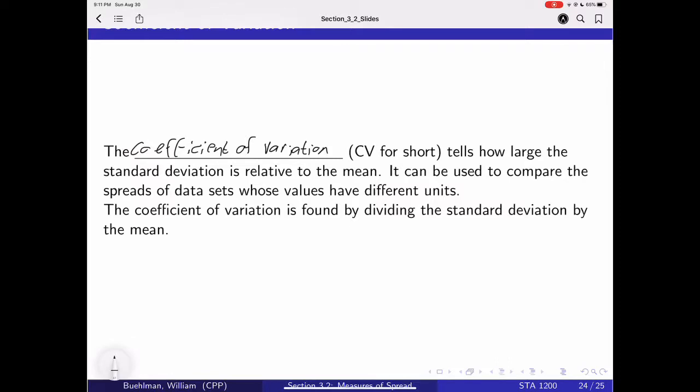It can be used to compare the spreads of datasets whose values have different units. So our coefficient of variation is used when we have 2 different datasets or more, and we just want to figure out which one is more spread out compared to the other ones. So we don't really need to know the units, we just want to figure out how spread out the data is. So to find the coefficient of variation, CV, it's just equal to our standard deviation divided by our mean.